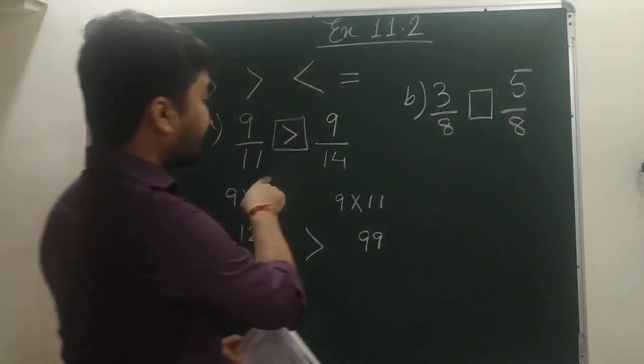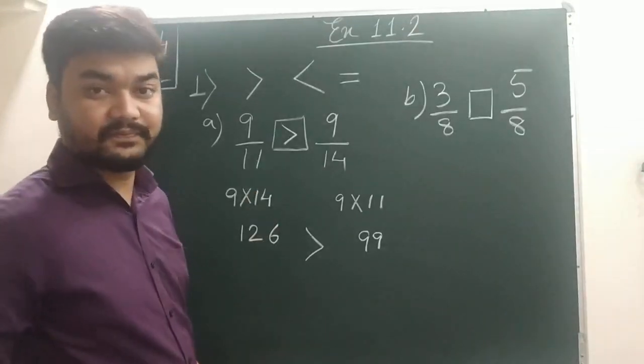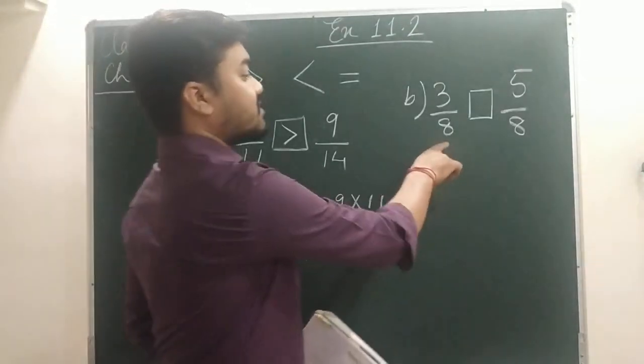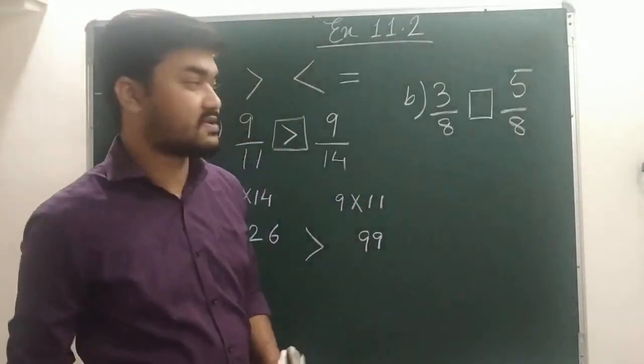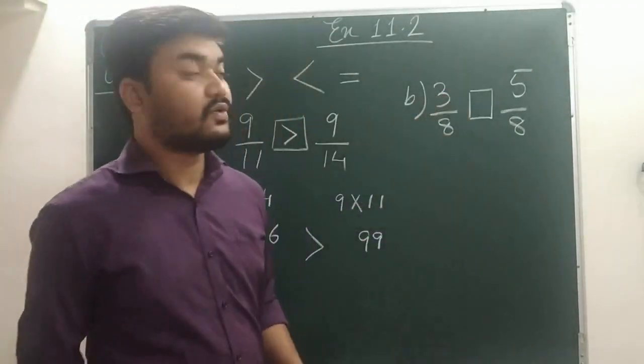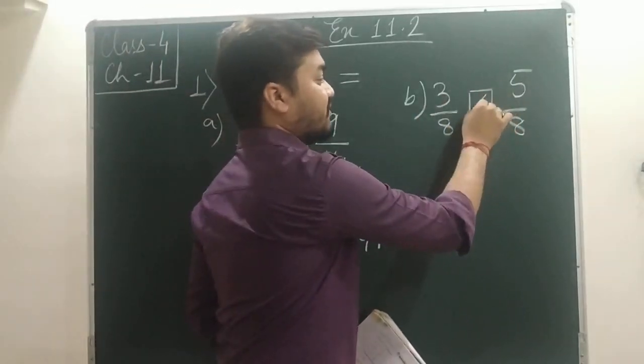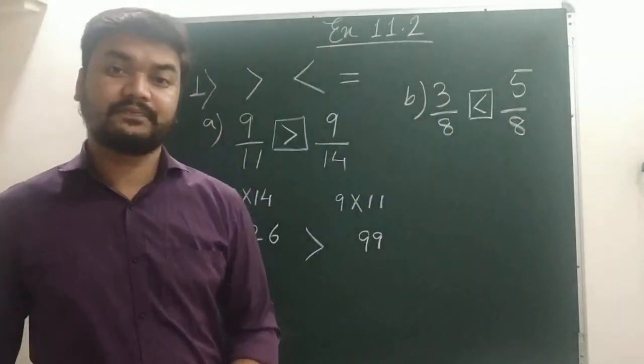Here we did it because the denominators were different. Here you see the denominators are same, so we will just look to the numerator part. Now 5 is bigger, so the sign will come like this.